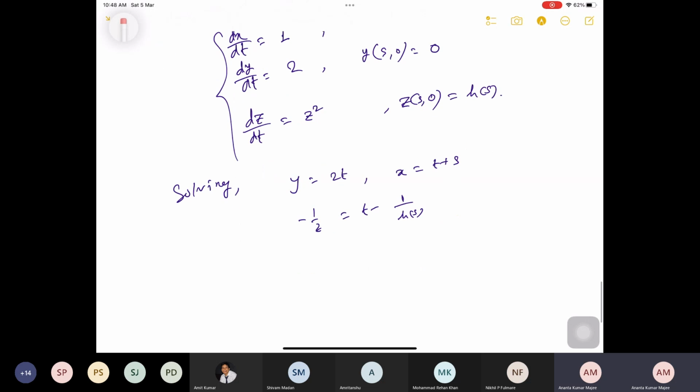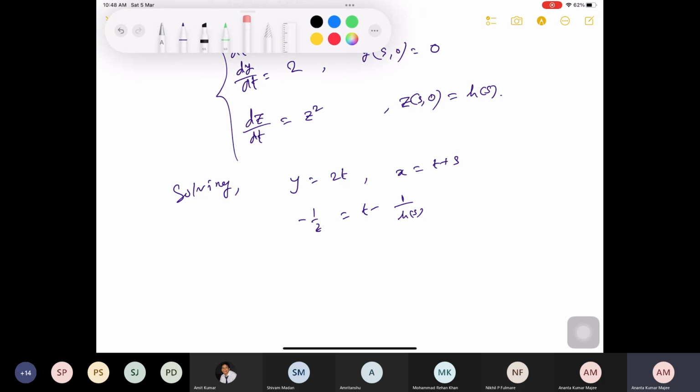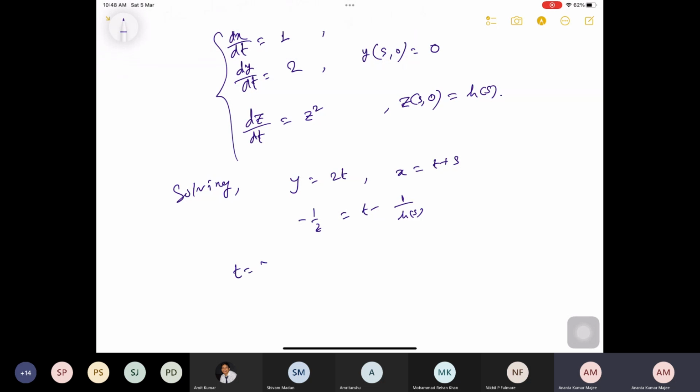Okay, so now if you try to invert these things, inverting this variable, what I have is t, which is y by 2, and s should be x minus y by 2, and hence I put t and s in this variable.